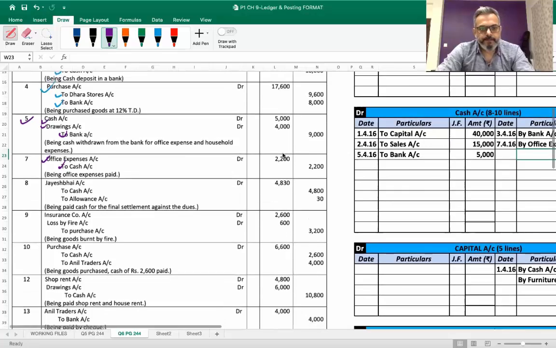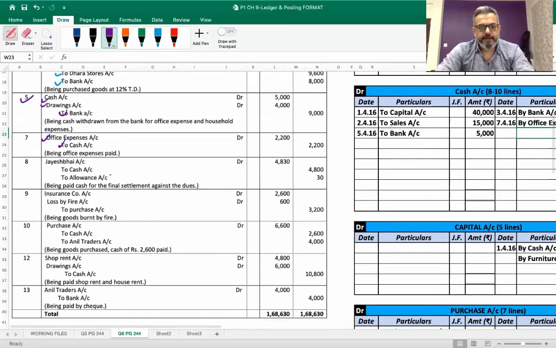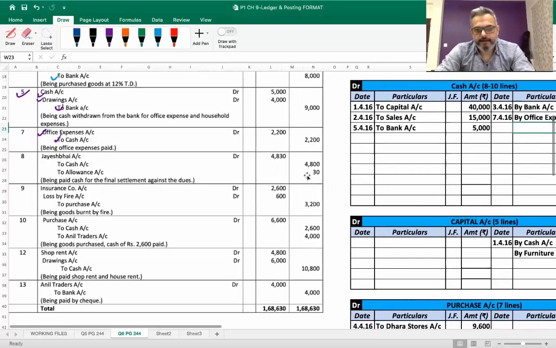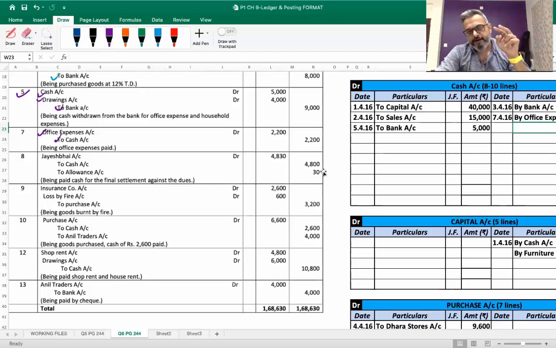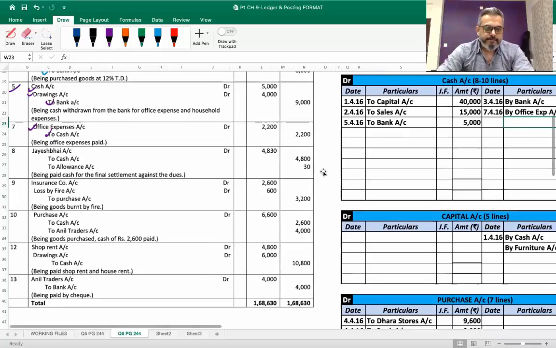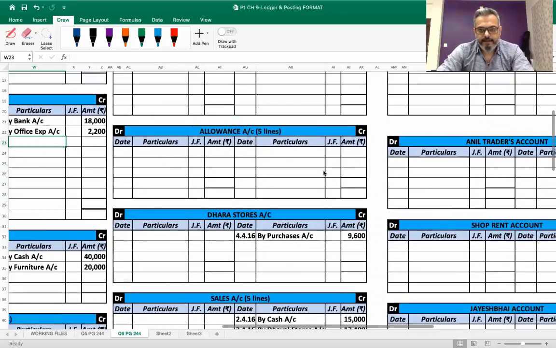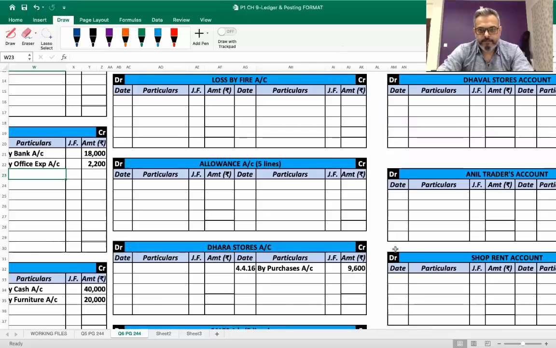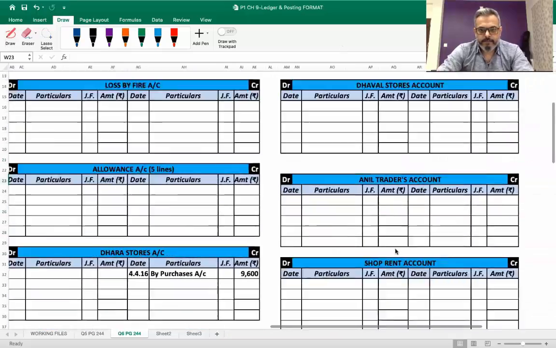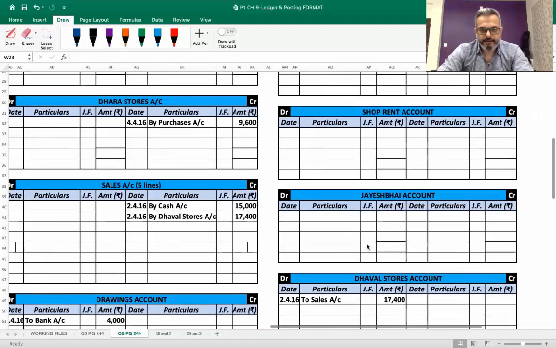Now, eighth one. Jayesh Bhai account debit 4,830 to cash and to allowance. So be careful. Go to Jayesh Bhai account and there we will give debit side two effects, to cash 4,800 and to allowance 30 on the debit side. Let's locate Jayesh Bhai. Okay.